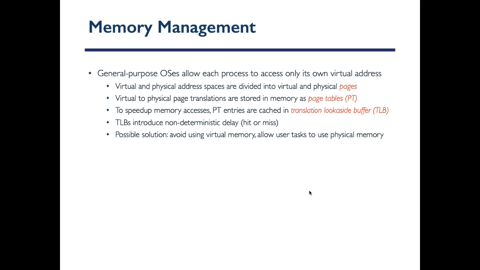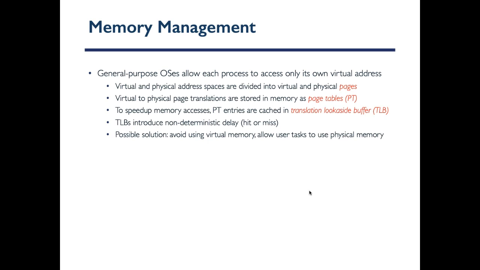So in general purpose operating systems, what usually happens is that you want protection for your processes. And as you could remember, we used memory mapping, or address mapping and address translation, for this. We give each process a separate virtual address space, and then we translate those virtual addresses to physical addresses.